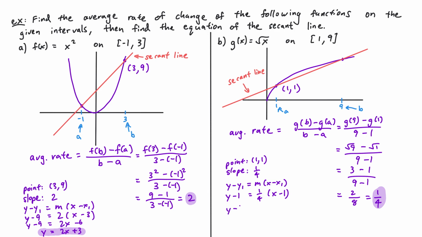So start by distributing the 1/4. We get 1/4 x minus 1/4. And then lastly, add 1 to both sides. We get y equals 1/4 x, and then if I have negative 1/4 and I add 1 to it, I get positive 3/4. So the equation of our secant line is y equals 1/4 x plus 3/4.